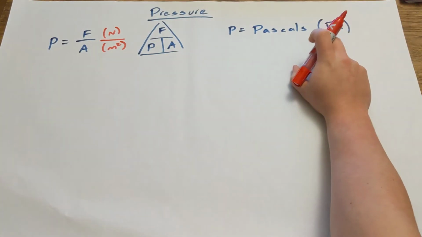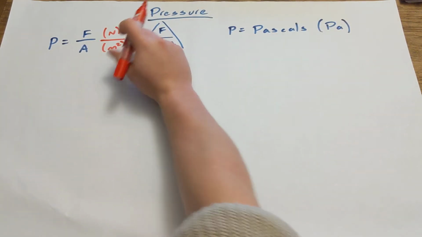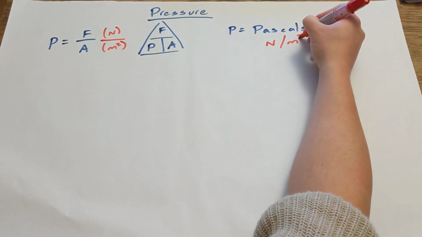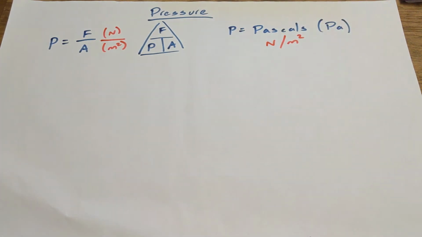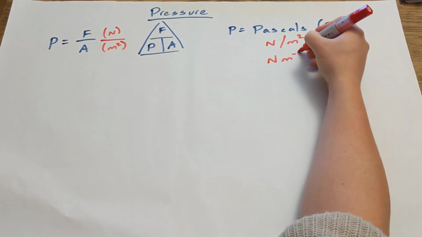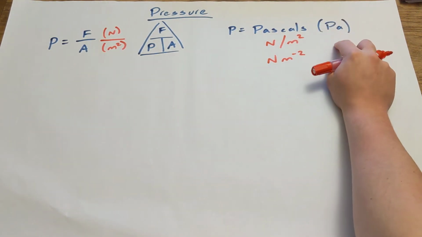So another way of saying this is newtons per meter squared, or N m^-2. That's another way of writing pascals.